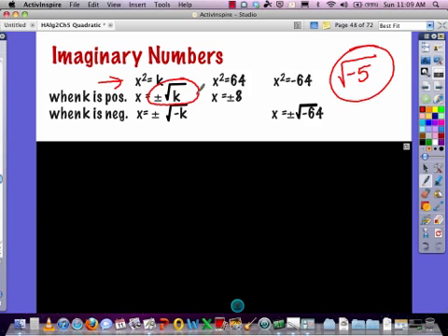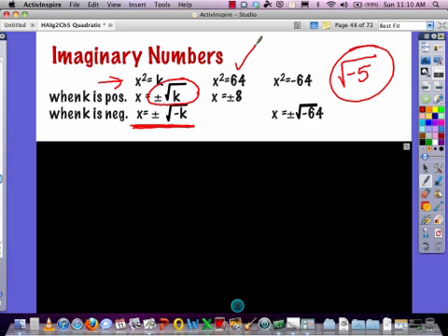Sometimes it ended up being a whole number, sometimes it ended up being a decimal, but with a positive number underneath that square root, we were definitely able to take the square root. The positive situation, done. We're good. Whether it's a whole number that's a perfect square or even not, we were able to solve that.